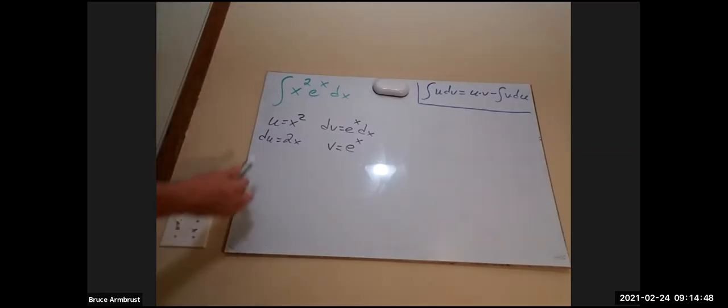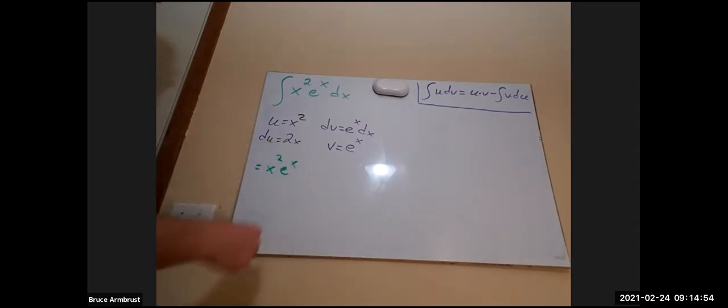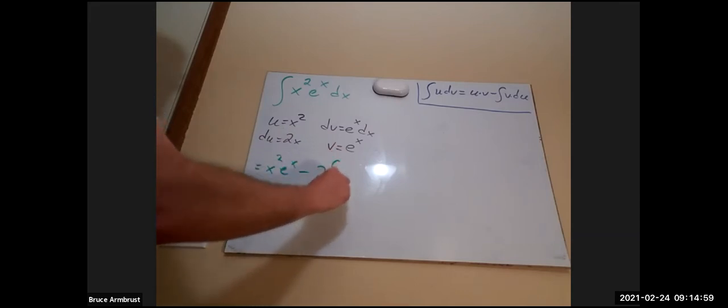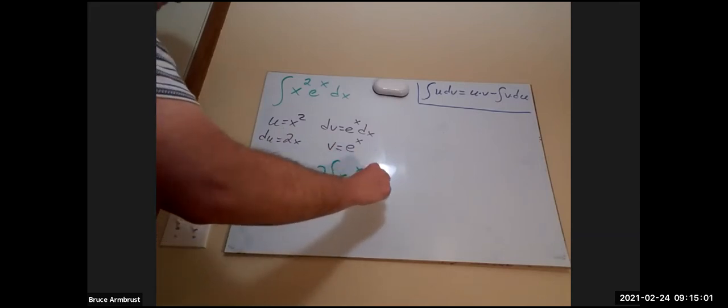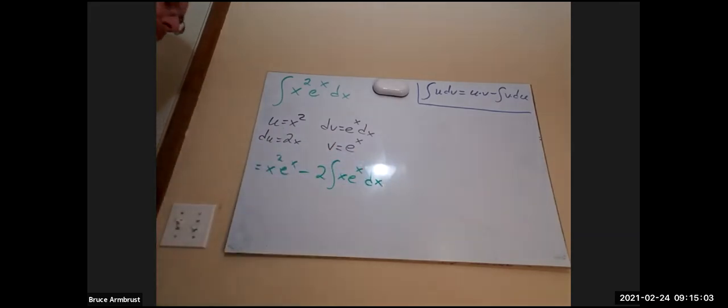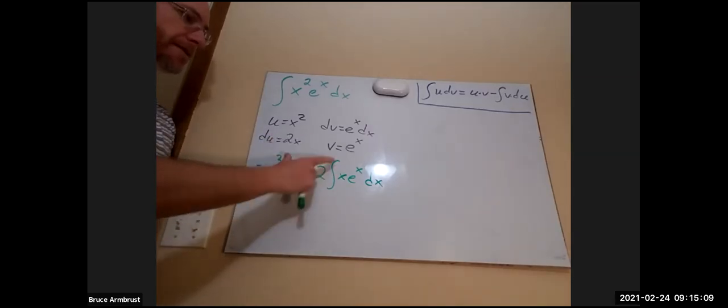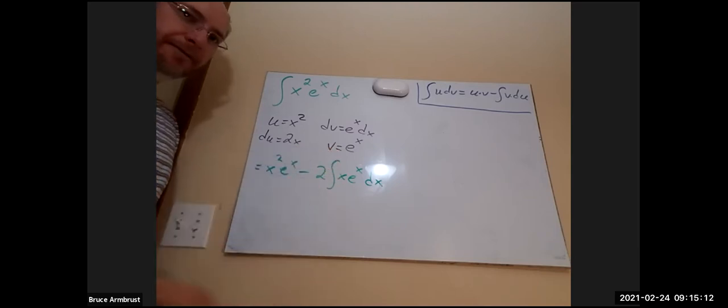We put this together and get u times v, so x squared e to the x minus the integral of v du. I just pulled the 2 out front.